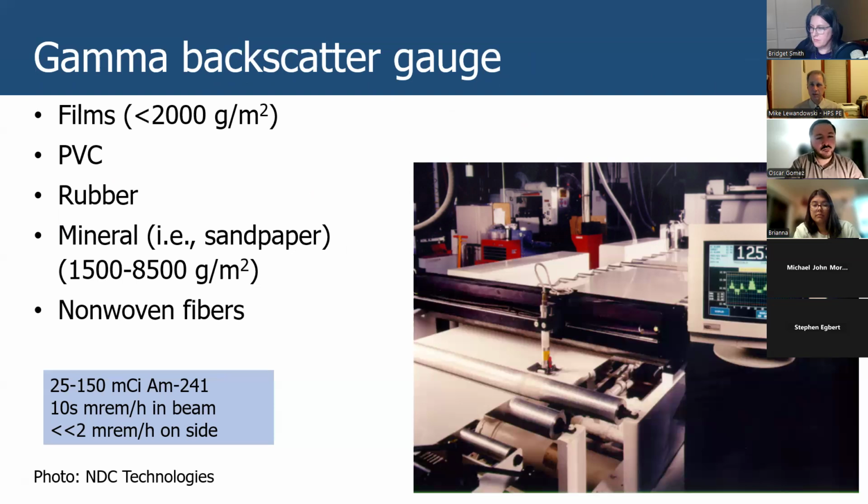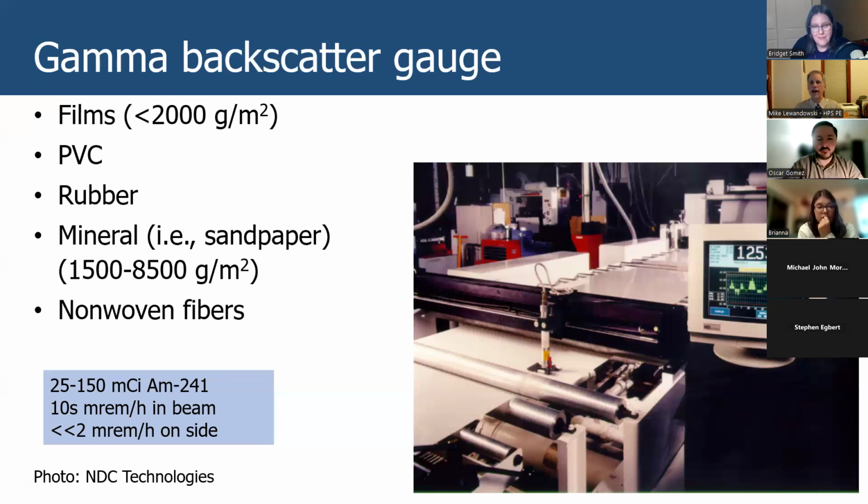And we can actually measure the thickness of mineral. So if we have heavy sandpaper, so we have a heavy backing material that might be 500 or 600 grams per square meter already, and then a layer of resin and a layer of rock on top of it to create some heavy duty sandpaper, we can measure 1,500 to 8,500 grams per square meter. So now we're measuring things which are not very flexible. And non-woven fibers.